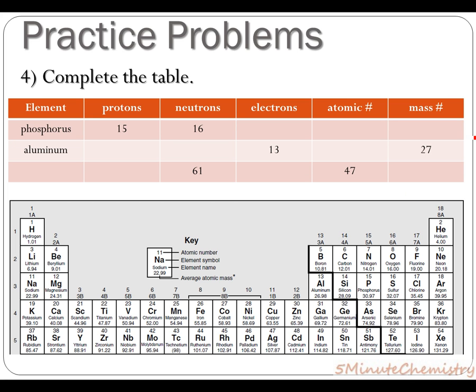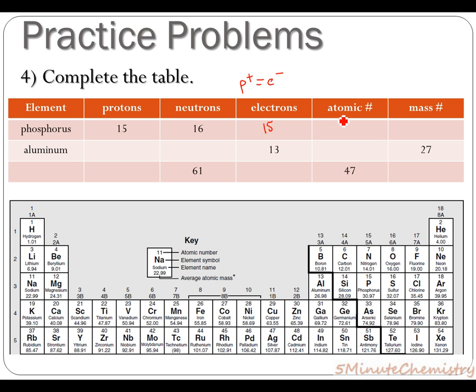Now go ahead and pause this video again, work these out, complete the table, and then I will go ahead and work this out. So first off, phosphorus. We see that phosphorus has 15 protons. We know that the number of protons is equal to the number of electrons, so 15 and 15. So again, proton number is equal to electron number.